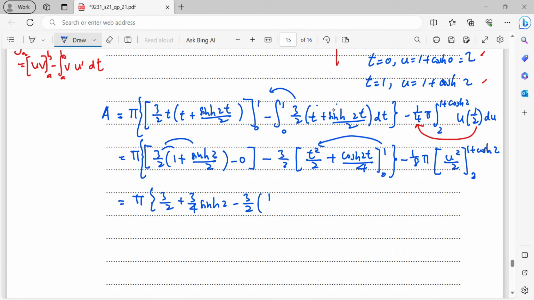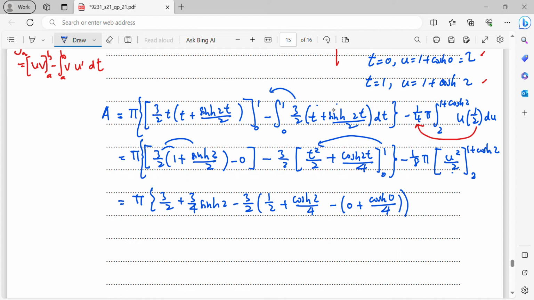I get 1 over 2 plus cos 2 over 4, minus when t is 0. So the first one is 0, but the cos 0, right? Cos 0, you will get a value. So here is cos 0 over 4.